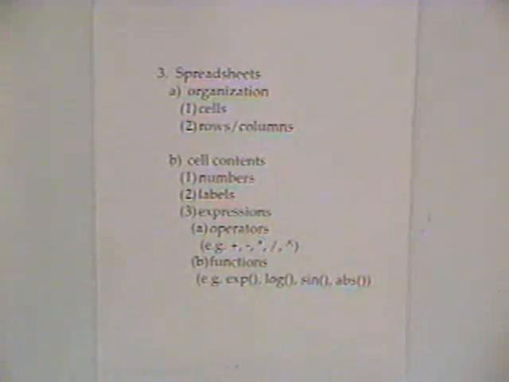So in effect, in a spreadsheet, the cell address acts like a variable in a Fortran program or other type of computer program. So you're just replacing variable names with cell addresses. And there's similar sorts of things. In a computer program, the variable name represents a memory location where some value is stored. In a spreadsheet, the cell address tells you where that value is stored.